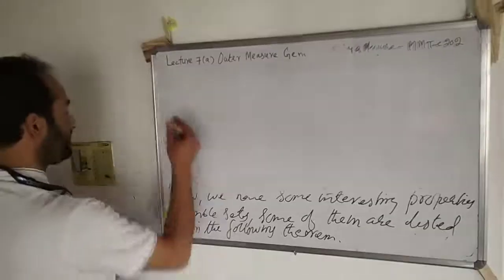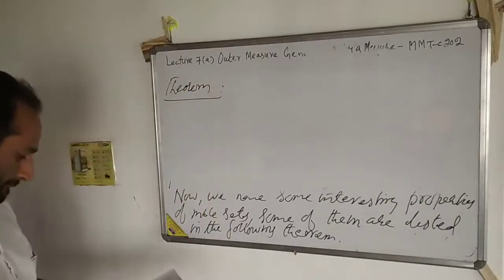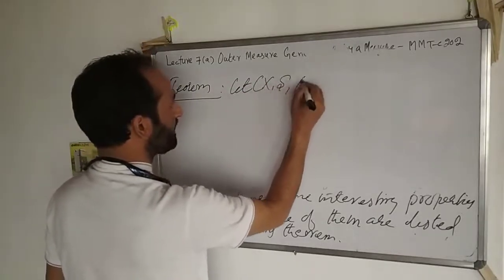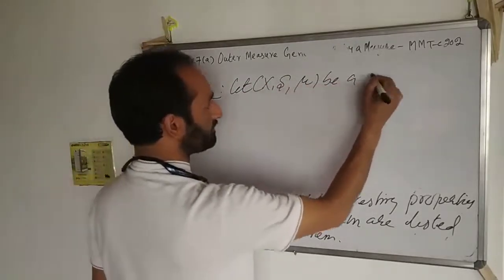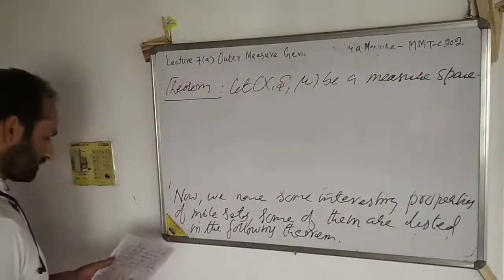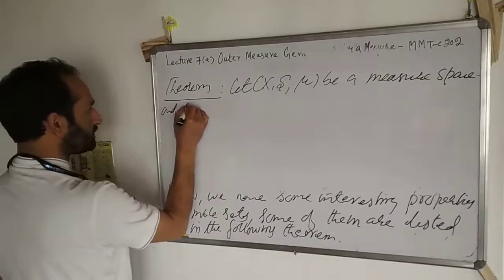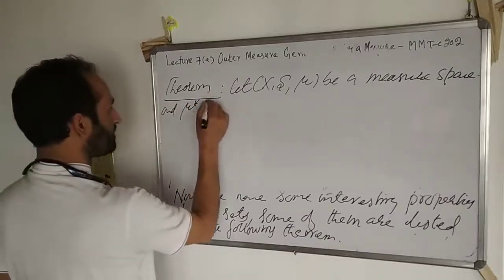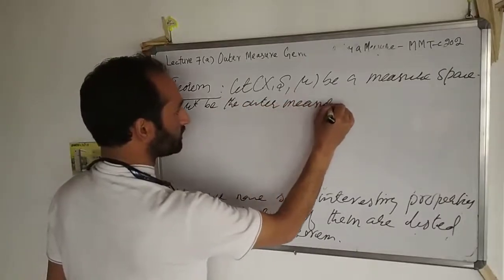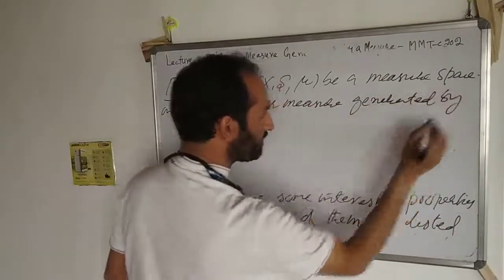And the theorem is a very important one for this class of measurable sets. Let X, S, mu be a measure space, and let mu star be the outer measure generated by mu.